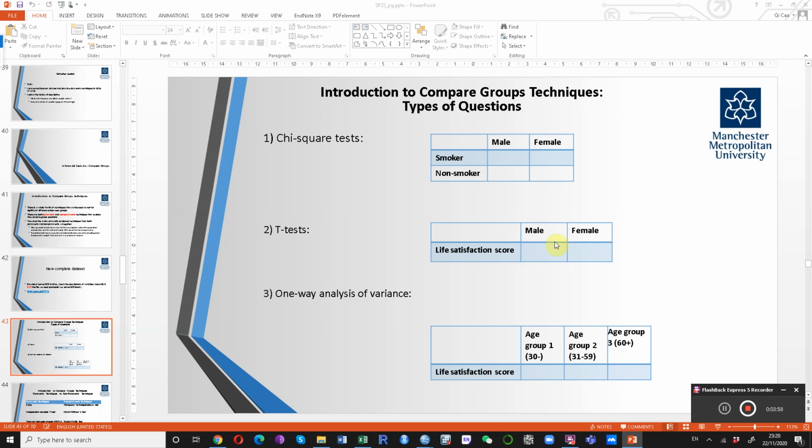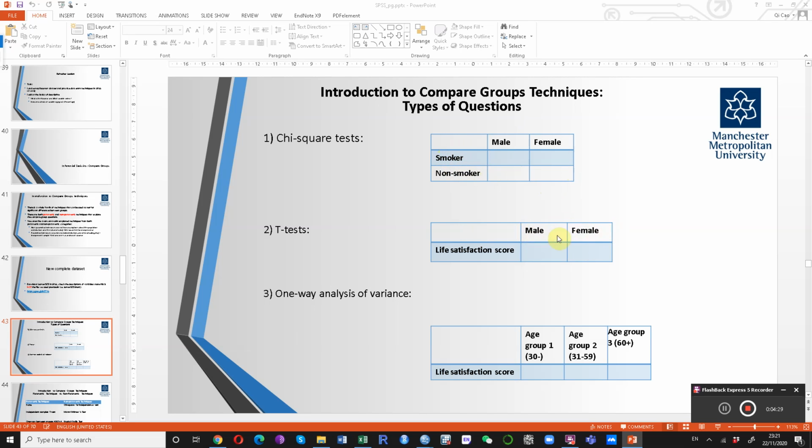So these tables here are examples of each of these tests. On the first row, these different columns are the categorical variable that is acting as the independent variable in this case, where we have the first column, the two rows are the categories of our dependent variable. Same thing applies here.